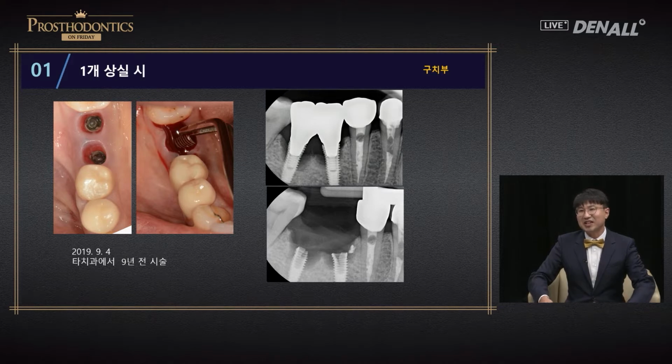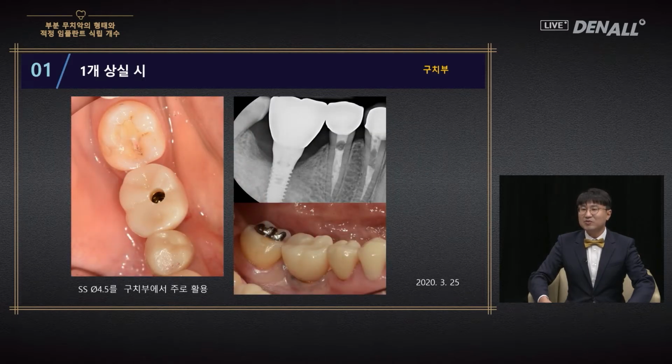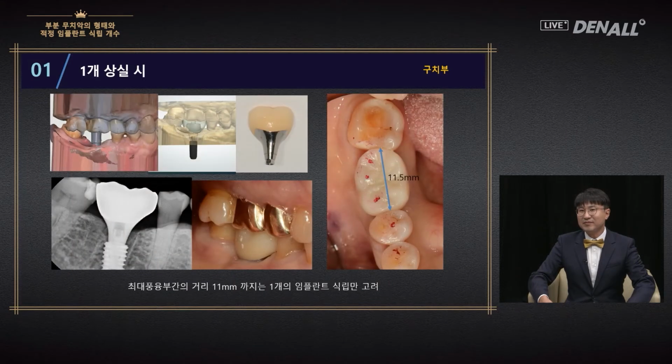I don't believe placing 2 implants was the issue. An SS 4.5 wide neck fixture was placed once again. The final prosthesis was completed. 1 implant was sufficient for function. If the distance between height of contour is below 11 mm, I place only 1 implant.